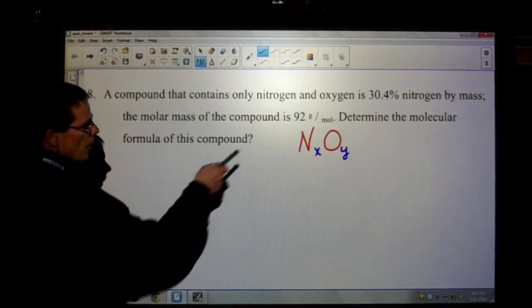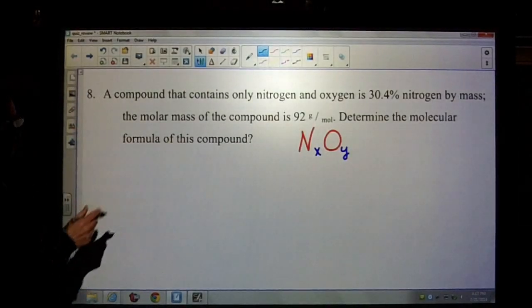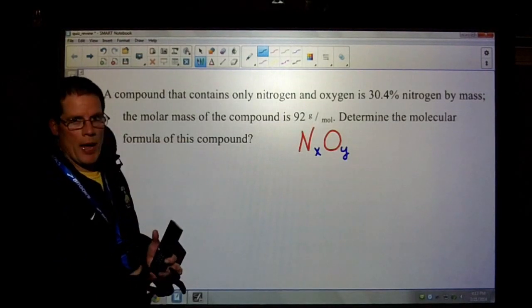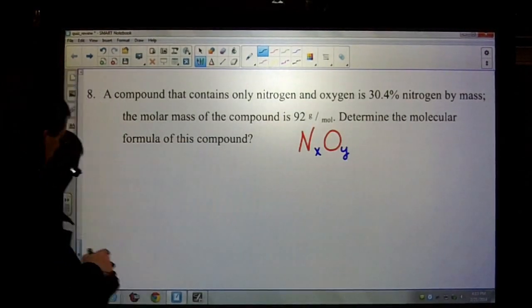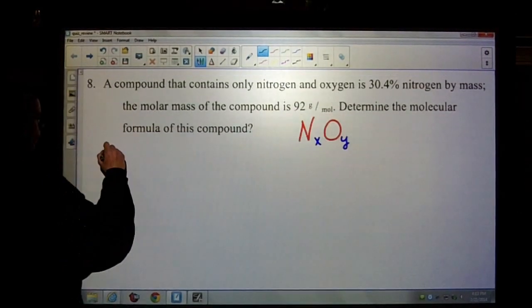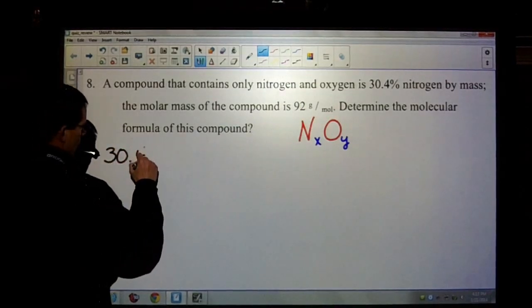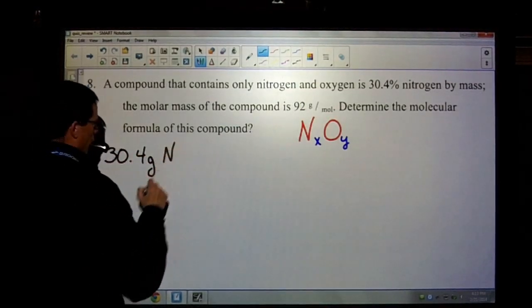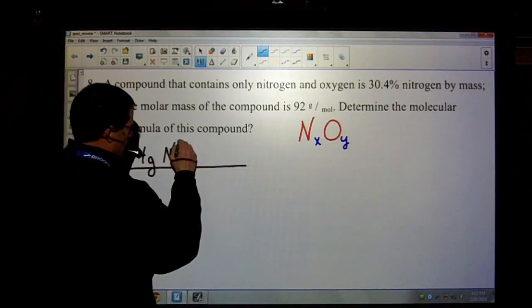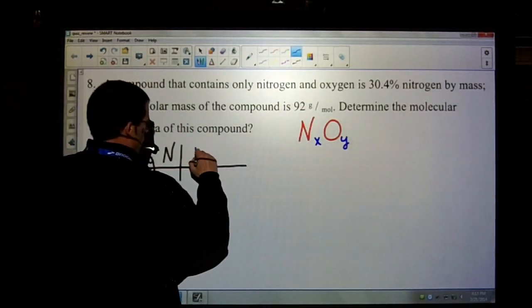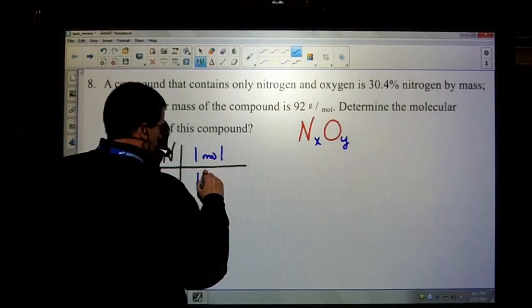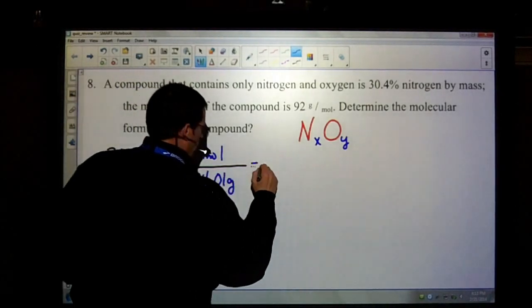All right, so let's find out, first of all, how much oxygen we have, because we know we have 30.4%. So we have 30.4 grams of nitrogen. So that's 14.01 grams.